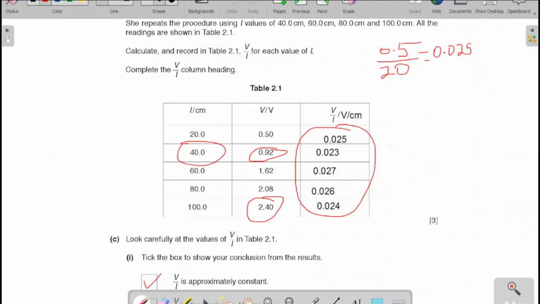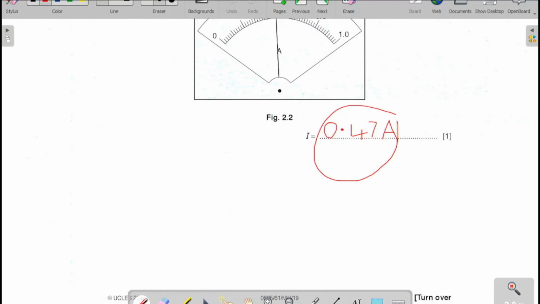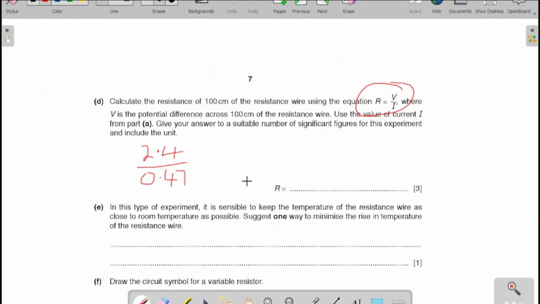We got the 2.4 from the table, and we got the 0.47 from part A. So what is the answer? 2.4 divided by 0.47 will give you 5.11. So we write our answer as 5.11, and you put the unit of resistance, which is ohms.